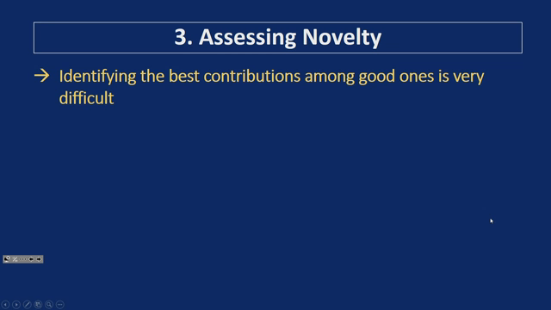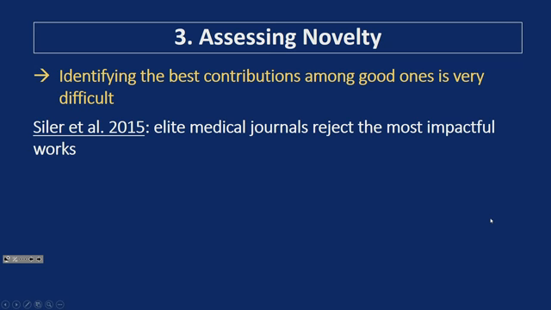It is also very difficult to assess the novelty and importance of scientific contributions. Typically, this problem is exacerbated when it is necessary to distinguish good from very good contributions. For example, a study examined elite medical journals and found that the most impactful works are very often rejected.